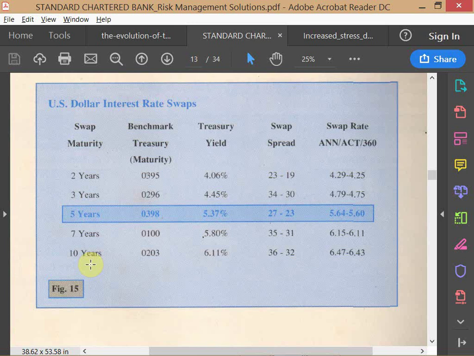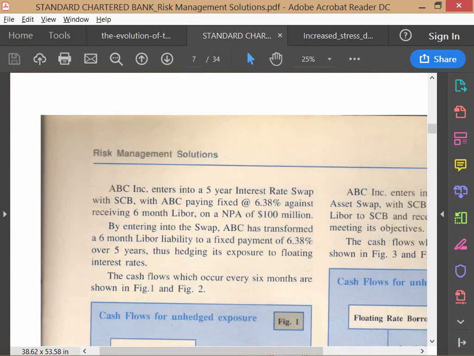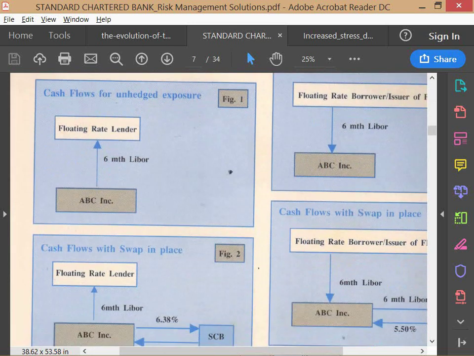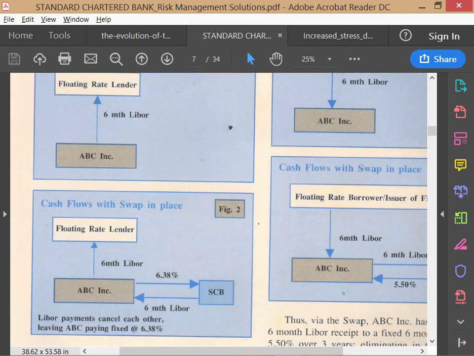As you saw from that example on page 7, the IRS rates are always quoted against, if you go back to that page 13, that IRS curve that we saw, those fixed rates that are quoted in the last column.